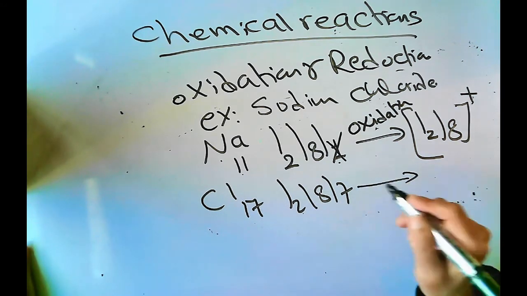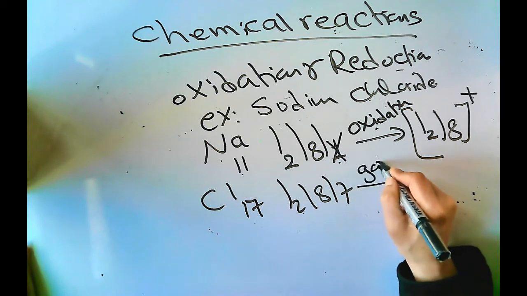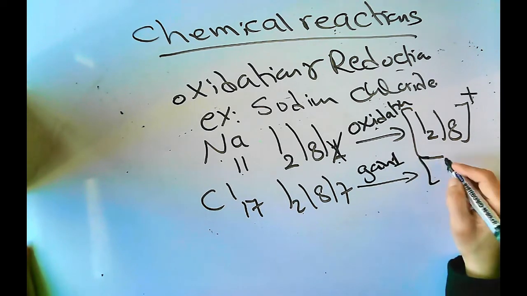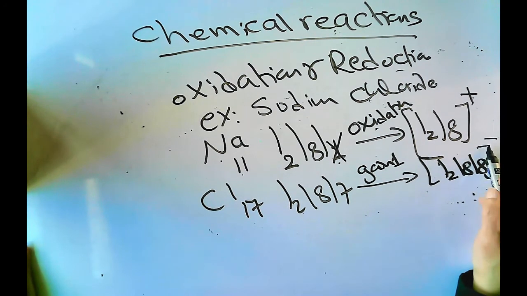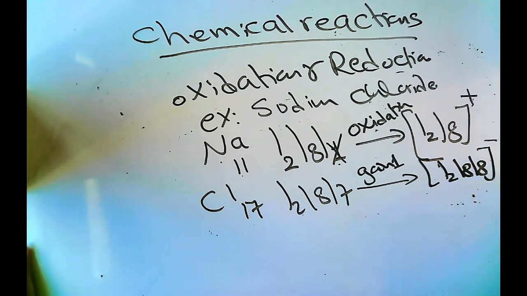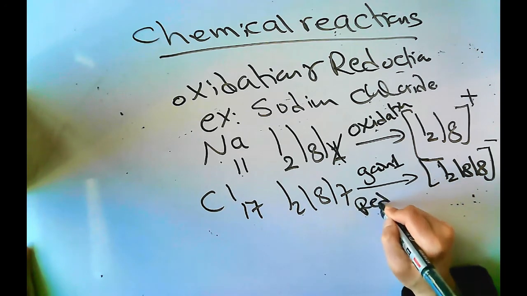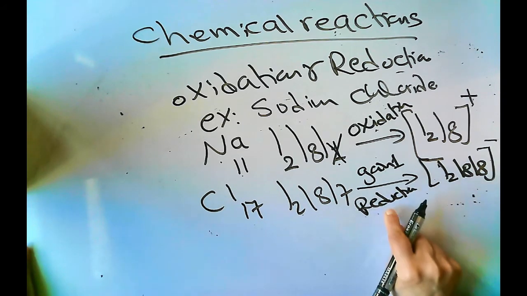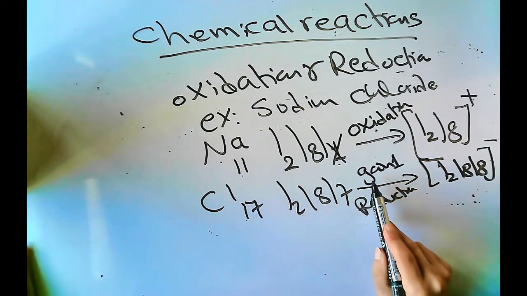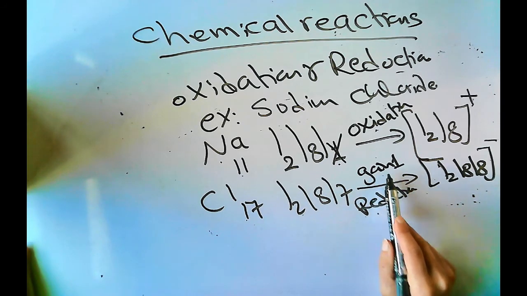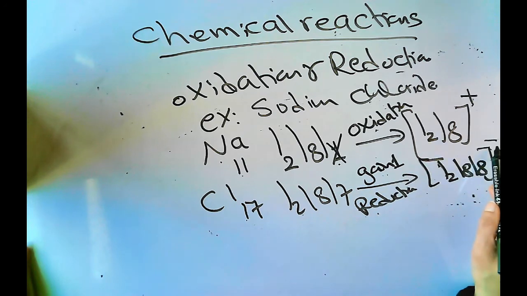It's going to gain one electron. It will be 2, 8, 8 and changes to negative ion. This process is known as reduction. Reduction is a process in which an atom gains one electron or more and changes to negative ion.